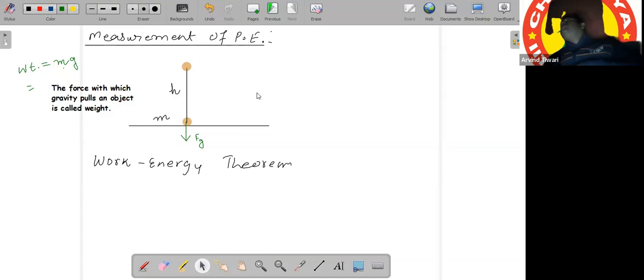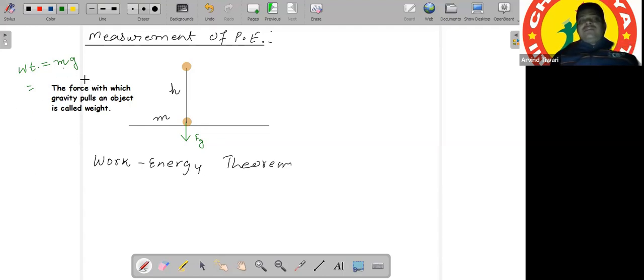So with what force will the earth pull an object? The formula of force is given by mass into acceleration.